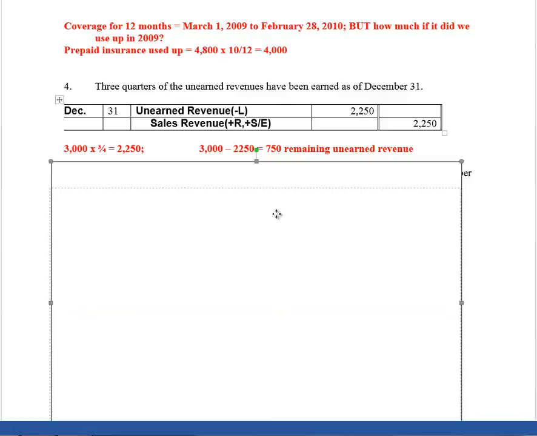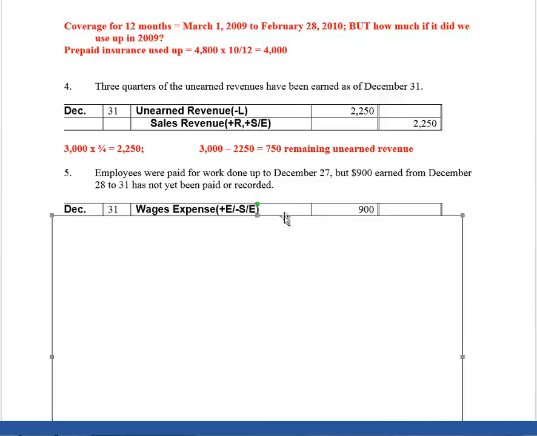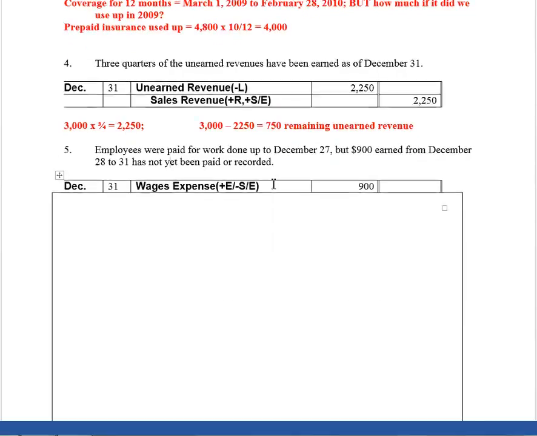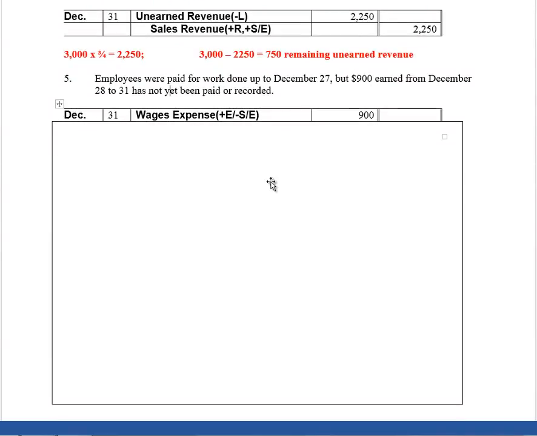Now, are there any other adjustments during the period? Yes, we have one here. It says employees were paid for work done up to December 27th, but there was some work they did from December 28th to 31st for which they have not yet been paid. And that represents $900 of wages that the employees have earned but have not yet been paid for.